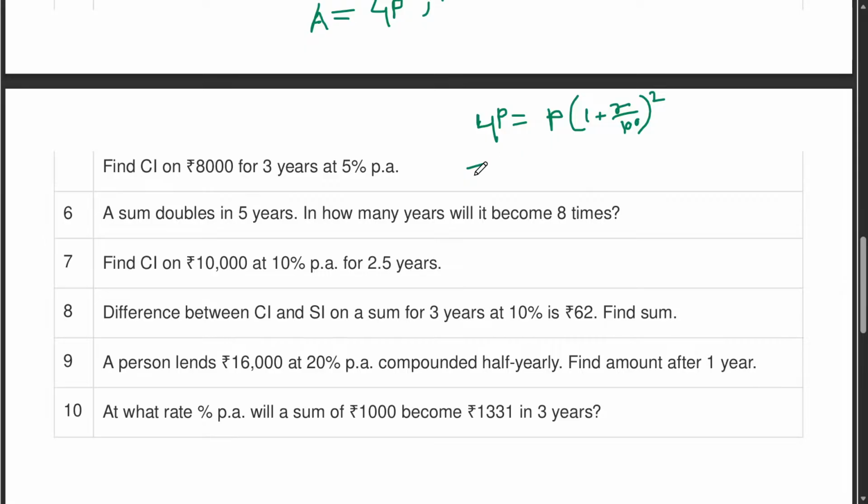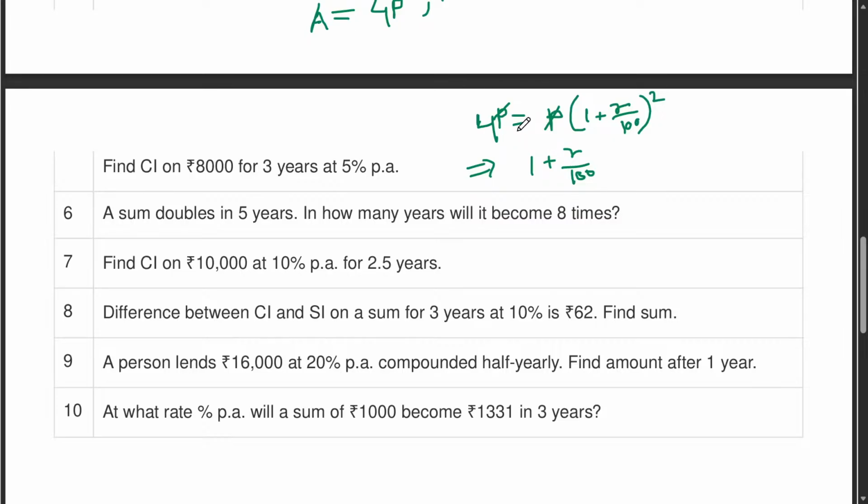So now we are going to find out r. Okay. P and P will be cancelled. 1 plus r by 100.